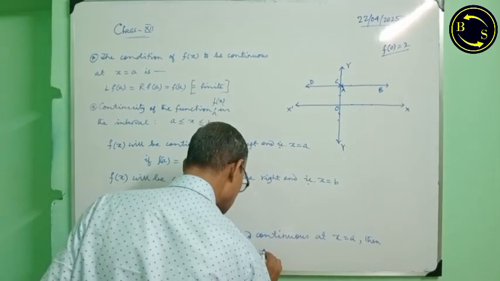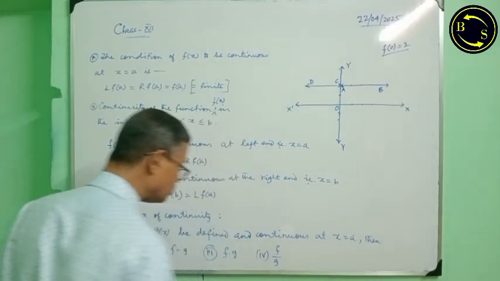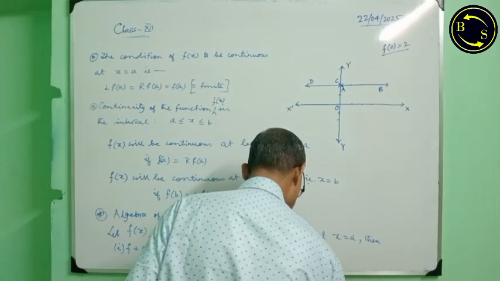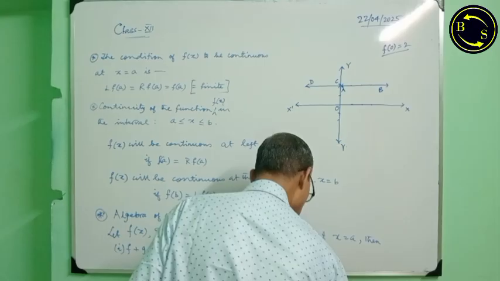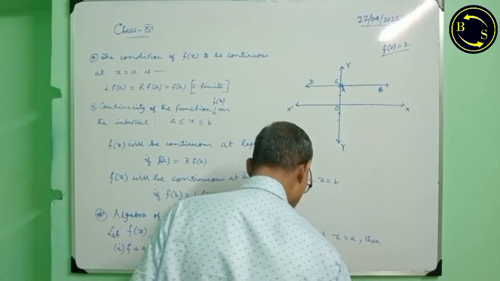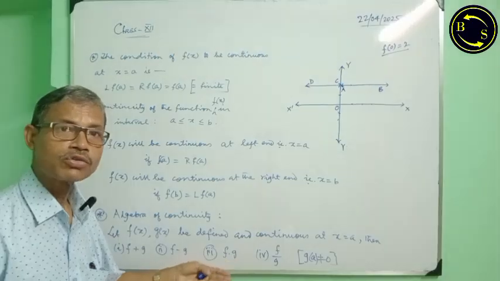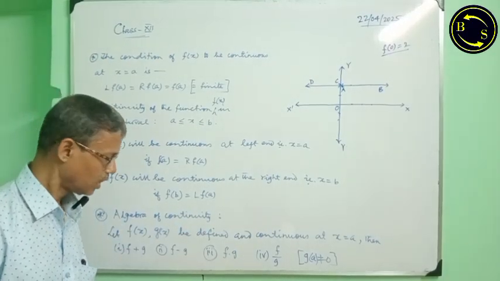Then quotient of the function. Here the restriction is g(a) not equal to 0. These will also be continuous at x equal to a.